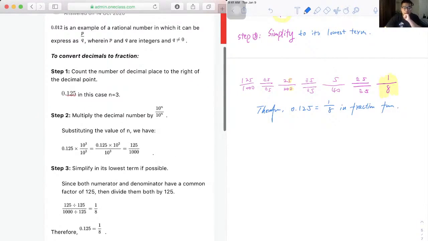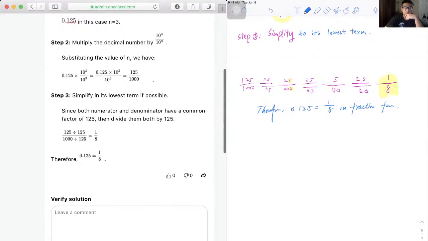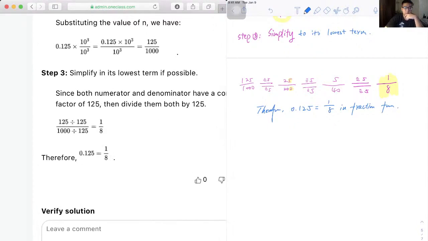Yep. So the first step is count. We count the number of decimal places to the right of the decimal point, and then the second step will be multiply, and then the final step will be simplify. And as you can see, the answer from the Junior Tutor, he or she just directly divided by 125 for both numerator and denominator, and it still gave us the correct answer, 1 over 8.